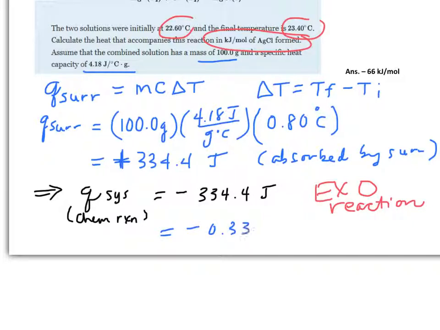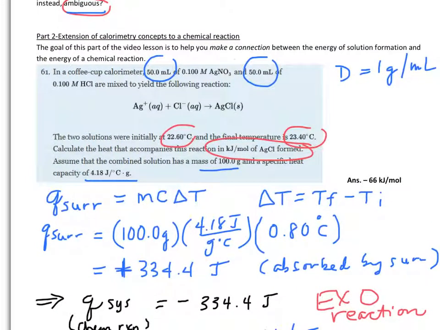So that's how many kilojoules our reaction released. Now, that said per mole of silver chloride formed, so we're going to need to go back up to the top and take a look at our amounts and our stoichiometry. All right, so let's see here. We've got 50 milliliters of 0.1 molar silver nitrate, and we have the same amount in molarity for the acid. So what that's going to mean is that we have 5 times 10 to the negative third moles of the silver ion that's participating in the reaction.